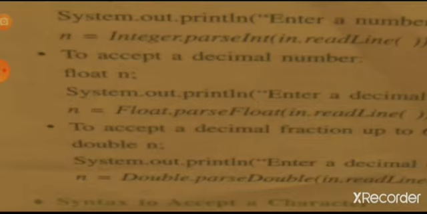I is capital, no space, and the rest are lowercase letters. In the parameter brackets the argument is in.readLine. readLine is a method which will read whatever is stored in the object in here. Remember, the BufferedReader in stores the values input by the user through the keyboard.